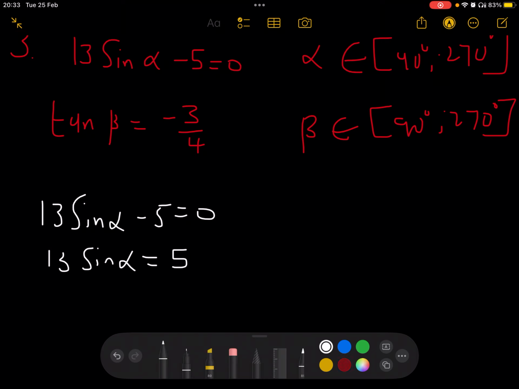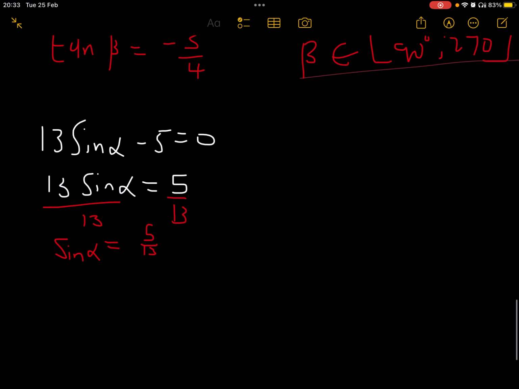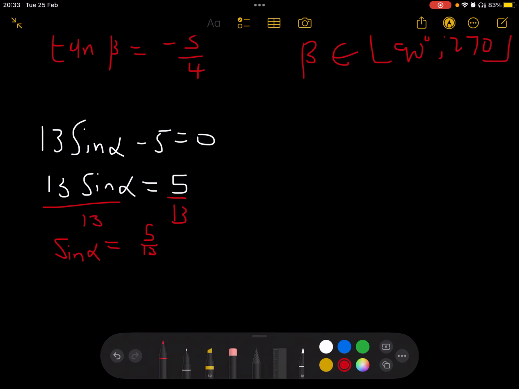Then you can divide by 13 on both sides, such that sine alpha is equal to 5 over 13. Now, from SOHCAHTOA, we know that sine is the opposite over the hypotenuse.